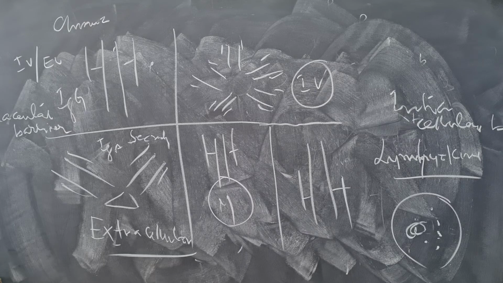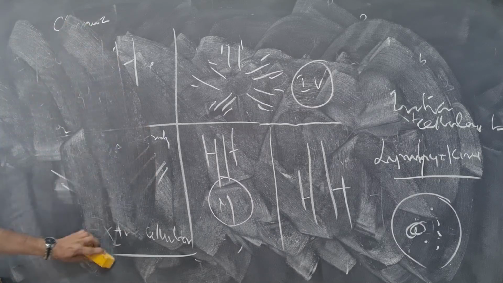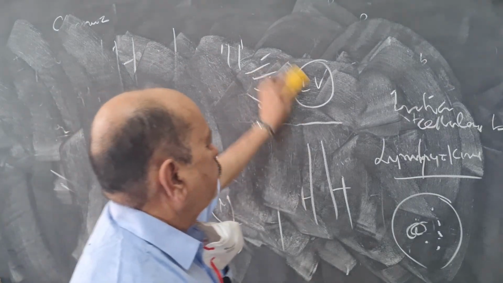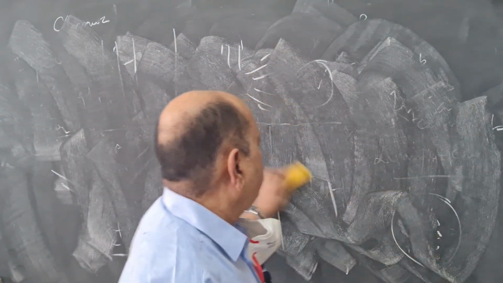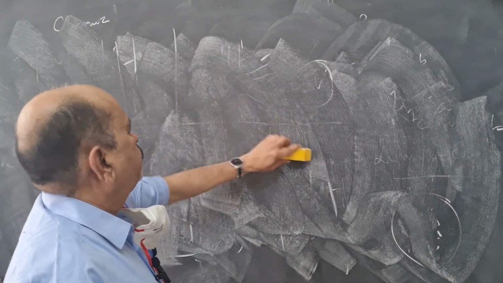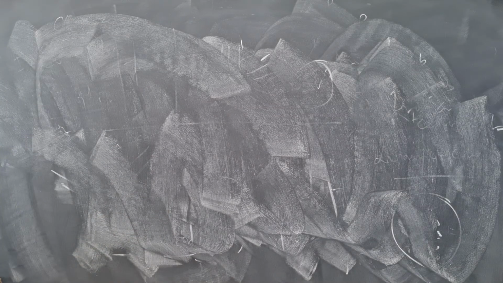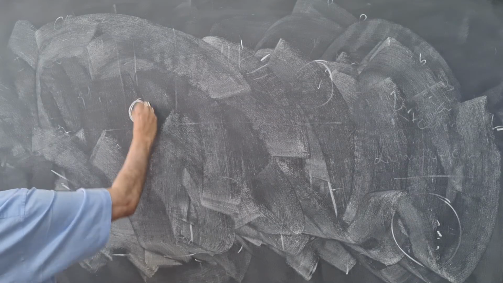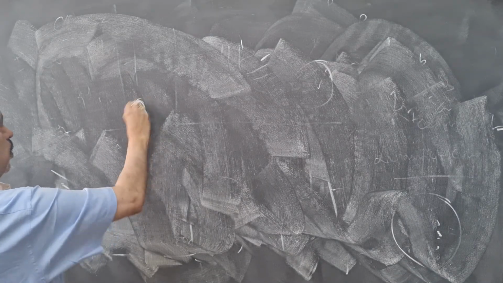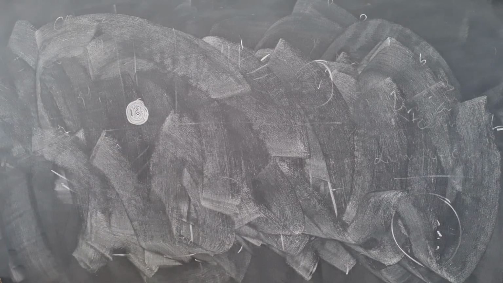Now we'll study what is antigen. As I said, antigen combining sites are 2 in IgG, 4 in IgA, 10 in IgM, 2 in IgE, and 2 in IgD.